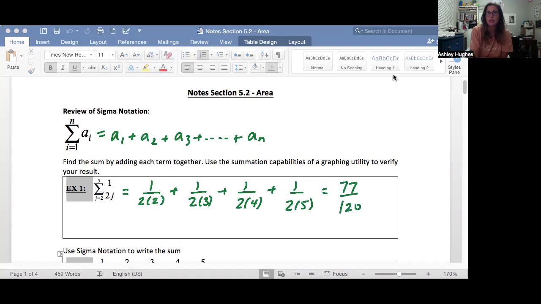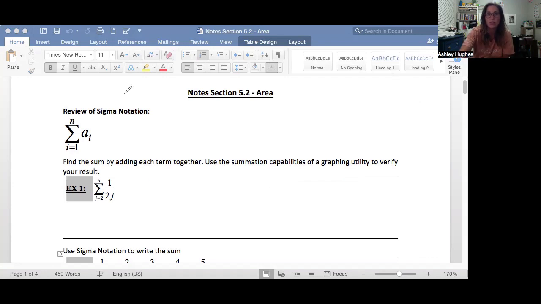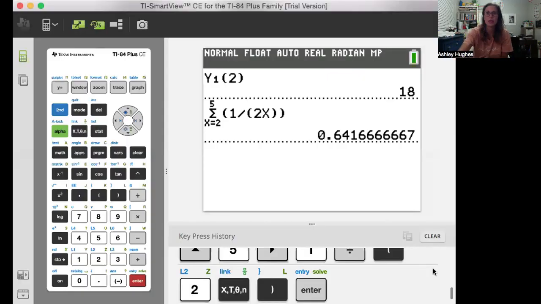Now you can do that in your calculator if you have a TI-84. Let me see if I can share that with you. Okay, so if we do math, where did I get to? Math.